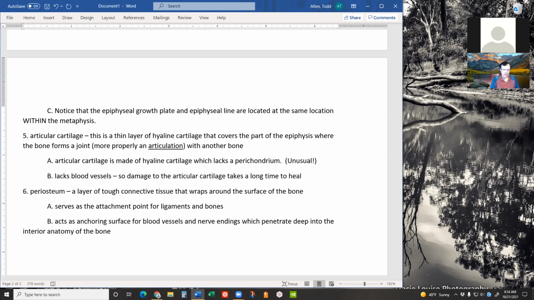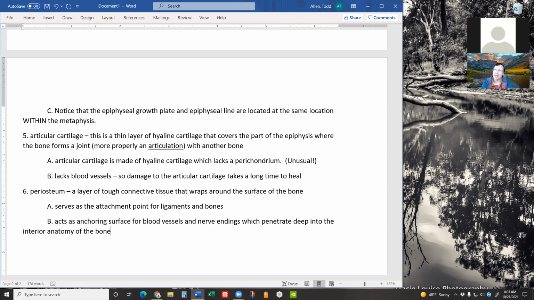Okay, if that phrase anchoring surface seems odd to you, just think about an analogy. Think about the room you're sitting in right now. Obviously everybody's sitting in a different room in a different house, but most houses have rooms that have windows. And think about the wall of your room as an anchoring surface for a door or for a window.